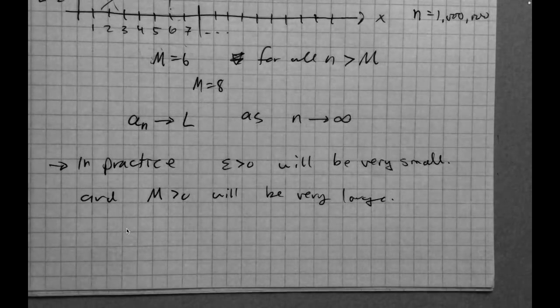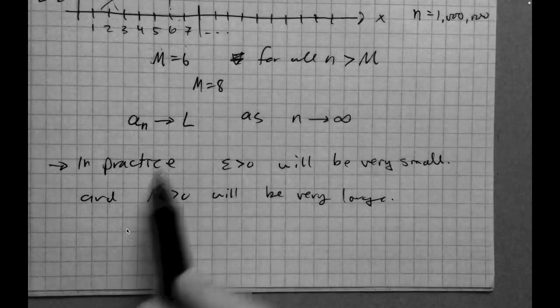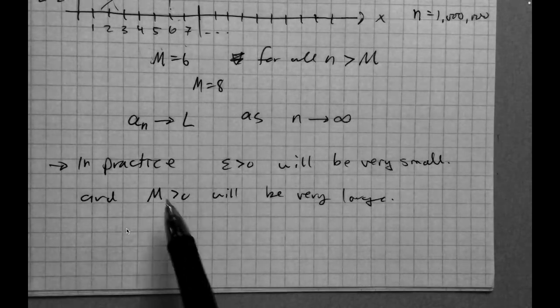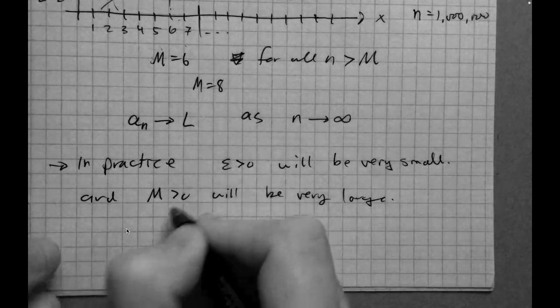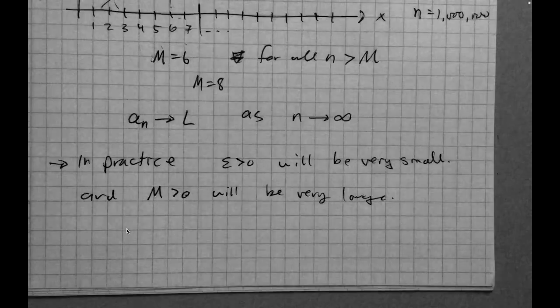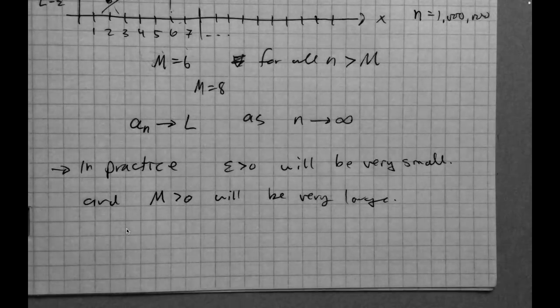If we want the terms of our sequence to be very, very close to L, then epsilon has to be tiny. It has to be infinitesimal. And that is going to necessitate that we go very far out onto the sequence before that is realized. Now the beauty of this definition is that it says for any epsilon greater than 0. That just means you can make it as small as you want, which basically means they're infinitely close. Well, we don't say infinitely close. We say arbitrarily close.